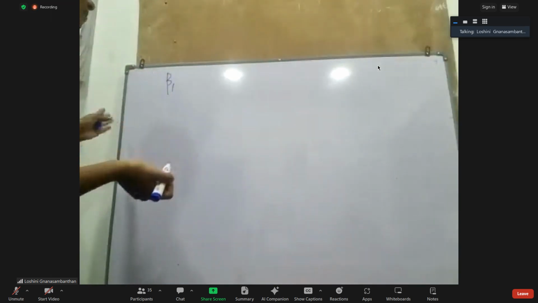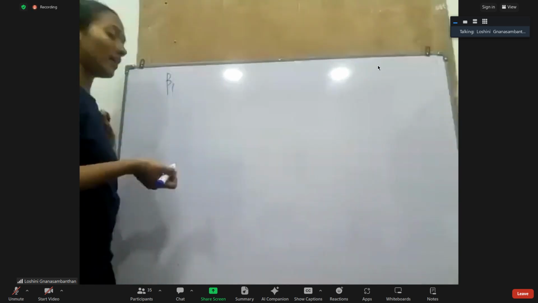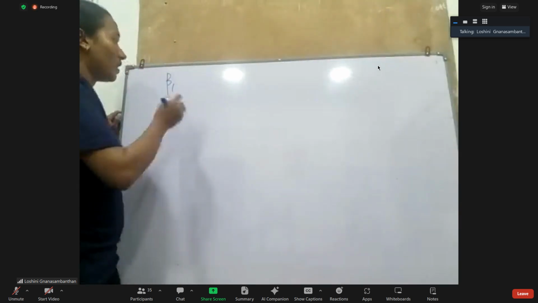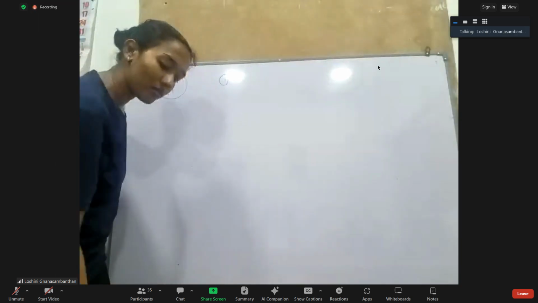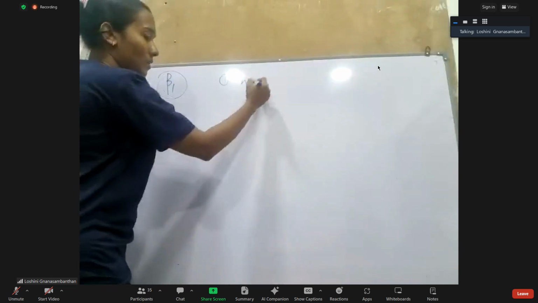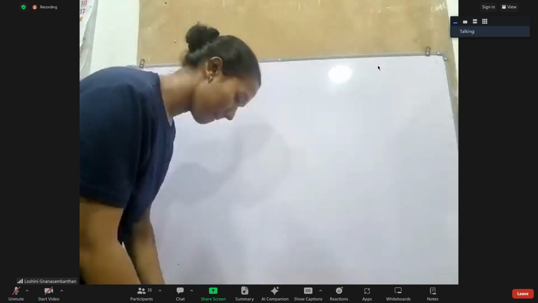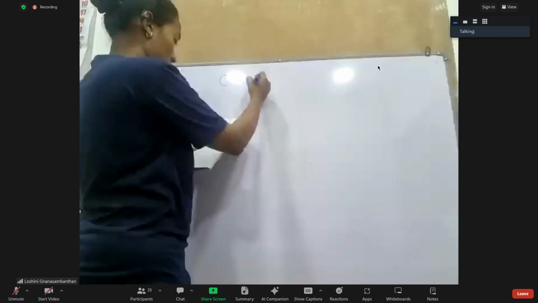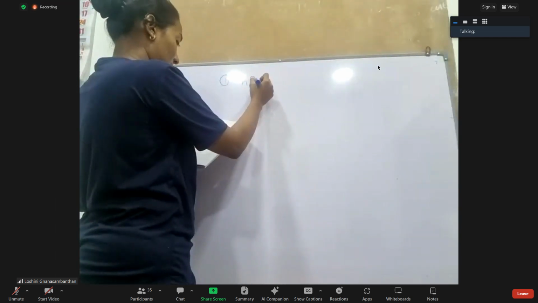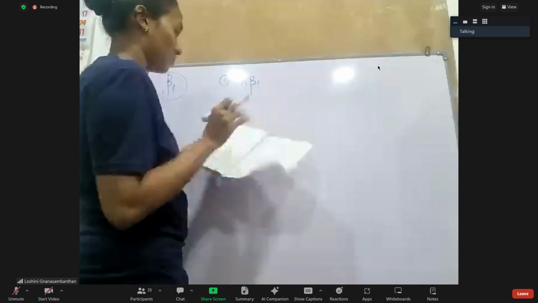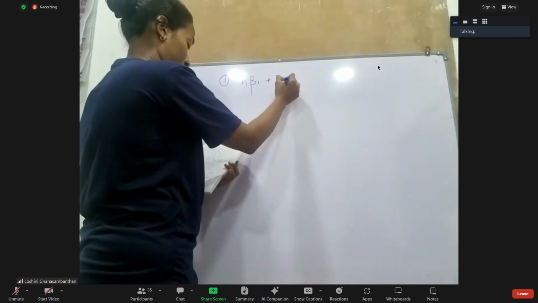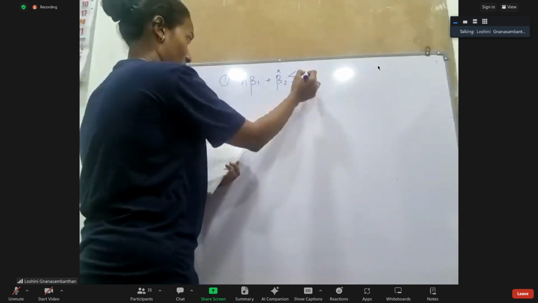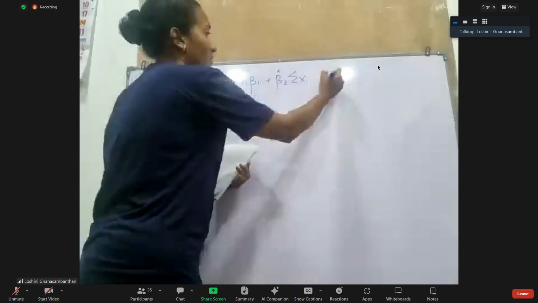Okay, now we found the beta 2. Now it's our task to find the beta 1, the equation, right? So we are going to use the first derived equation. Now we are going to derive the beta.